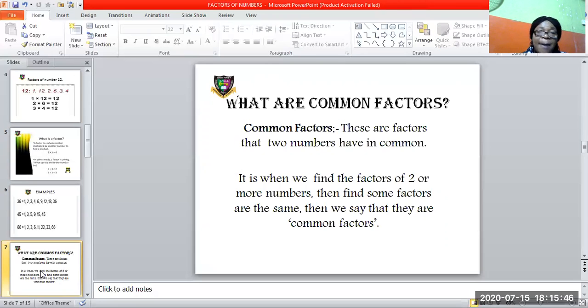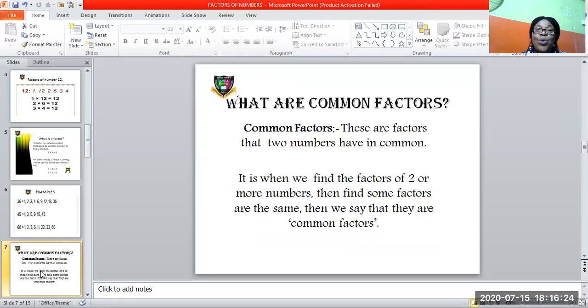But common factors are the numbers that two or more numbers have as similar factors. We don't call them similar numbers or similar factors; we call them common factors, because they are common to the two or more given numbers.